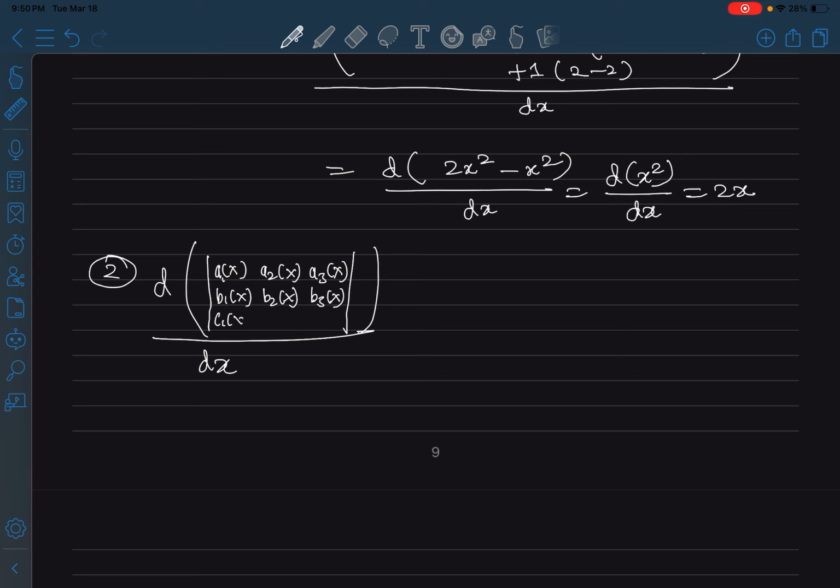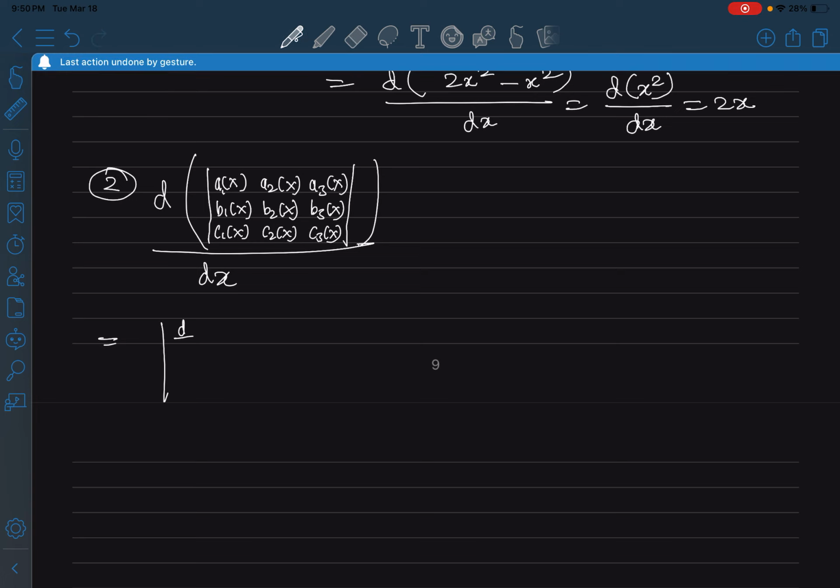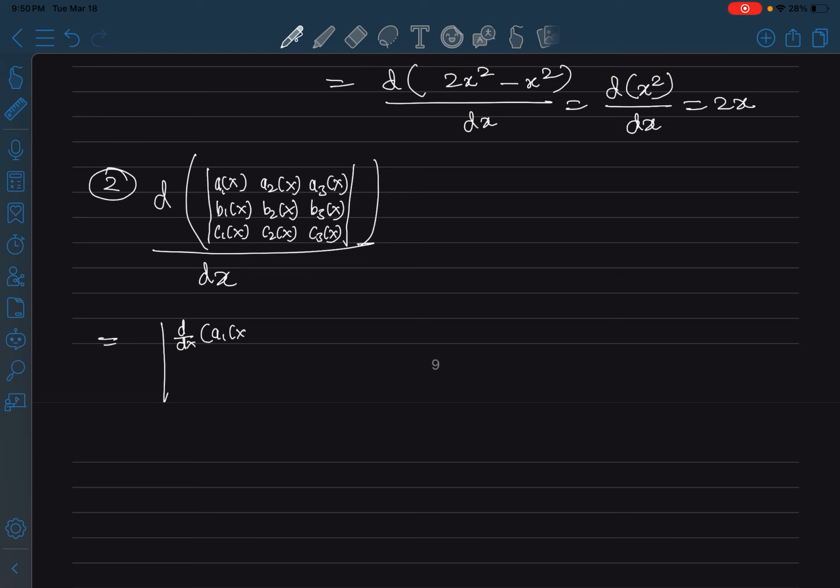So if you want to find the derivative of this determinant, what the Leibniz formula says is: you first find the determinant with the derivative of the first row. We just take the derivative of the first row, and the other rows are as they are.